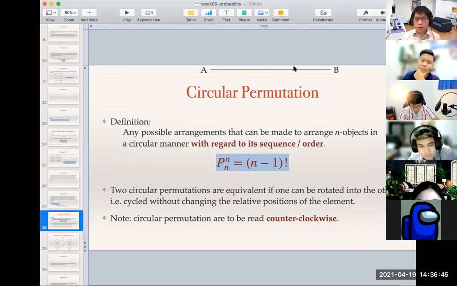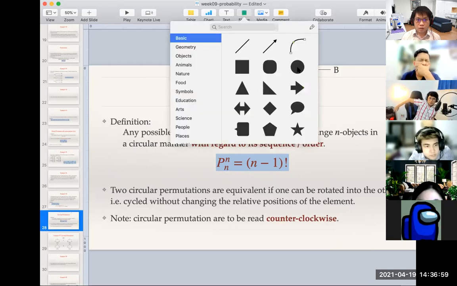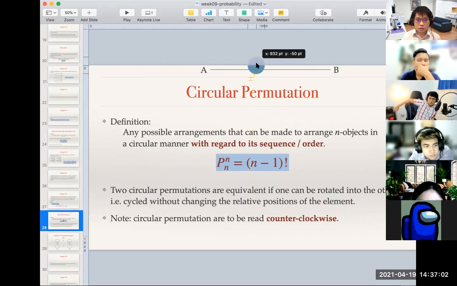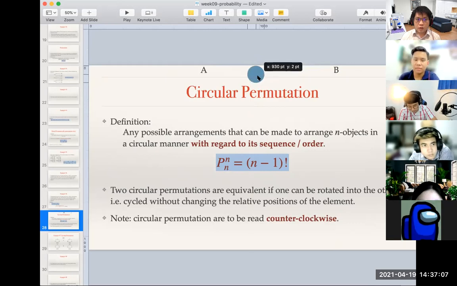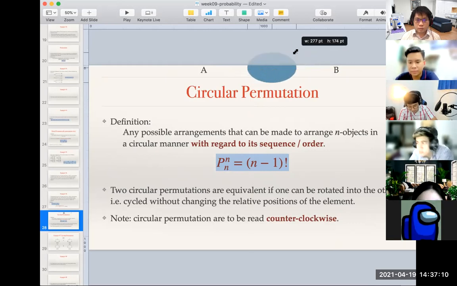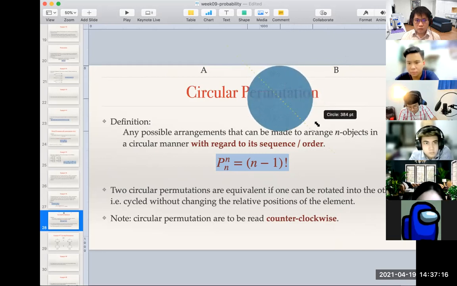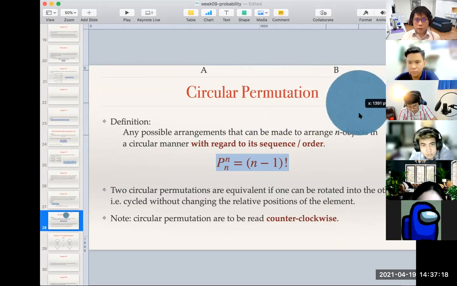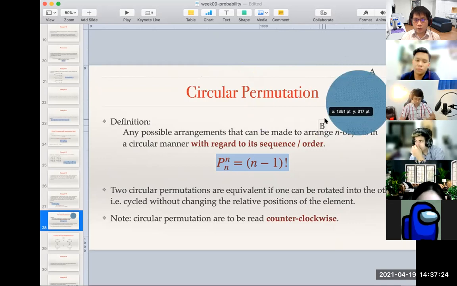But if these permutations are changed into a circular structure, let's say I have a circle here, and at one point I have point A over here, and then point B over here.